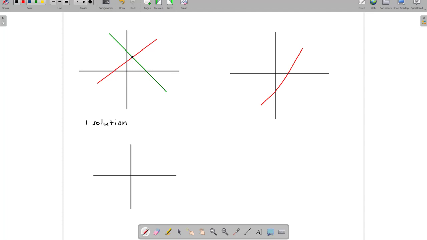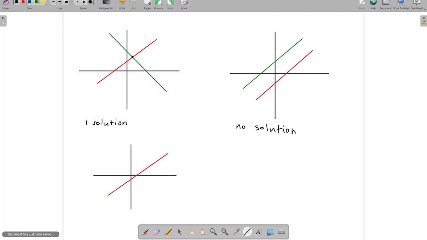But let's suppose we have something that is not a line. Go back to my line tool, this one. And this one, let's say that they're parallel. Well, these are never going to intersect, right? So we can also have no solution. And finally, we can have a line like this, and let's say our second line is actually just the same exact line.